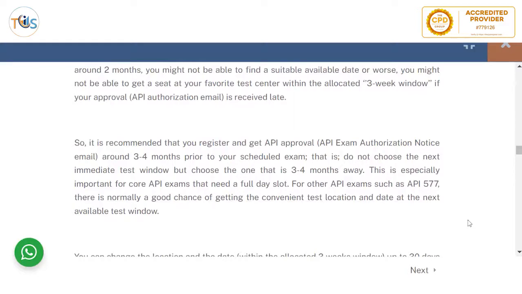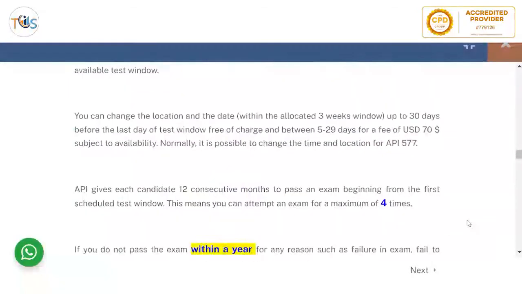Do not choose the next immediate test window, but choose the one that is 3 to 4 months away. This is especially important for API core exams that need a full day slot. For other exams such as API 577, there is normally a good chance of getting a convenient test location and date in the next available window.